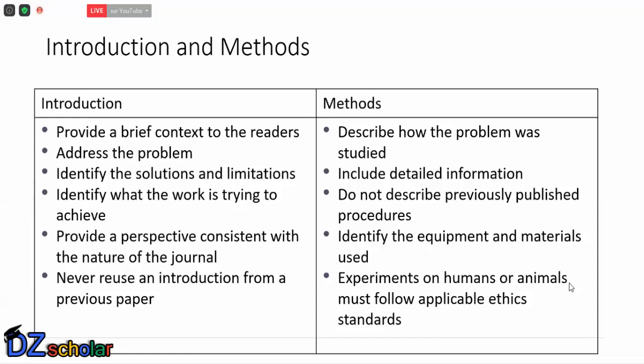Sometimes your institution or state or country has an ethics committee that should approve this at the point of undertaking the research. For a lot of journals, they will expect ethical approval or ethical disclosures in a specific way that they will outline. Some have checklists, some want you to fill out a specific form, but you're always going to want to make sure that you're following ethical guidelines when doing human or animal research.